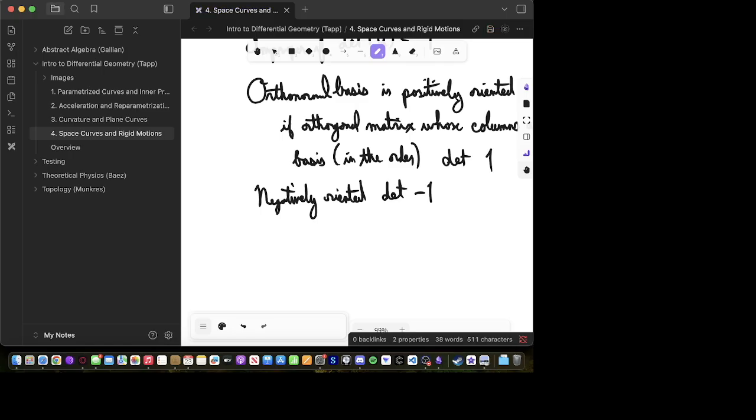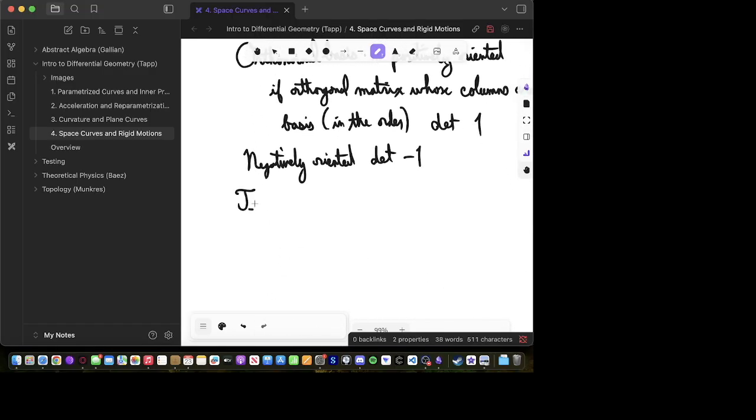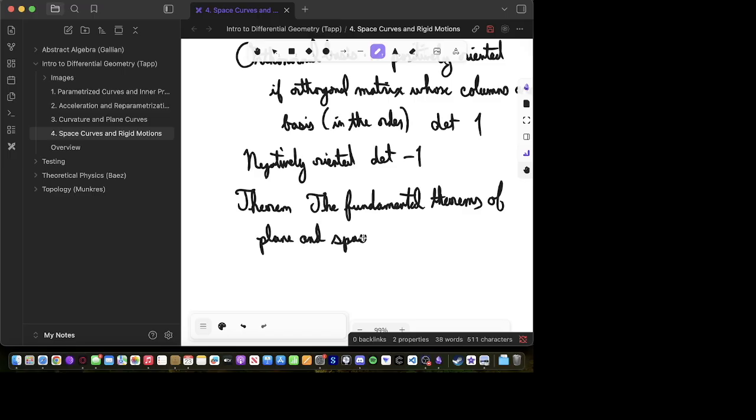So for the last thing I'm going to do, I'm going to share with you a theorem. It is one of the fundamental theorems of plane and space curves.